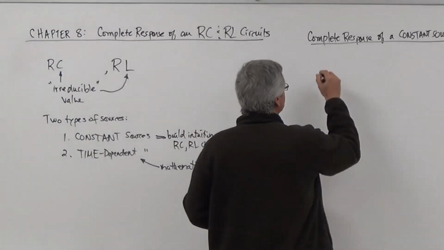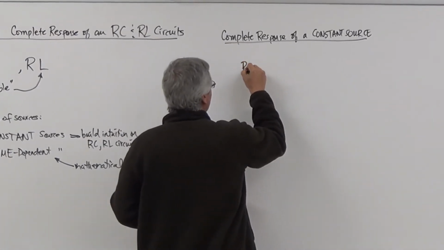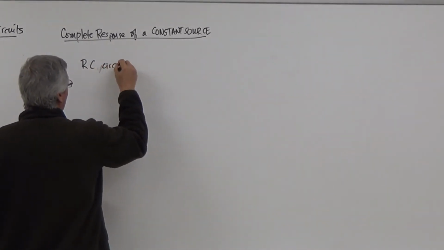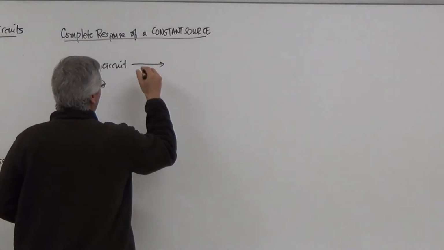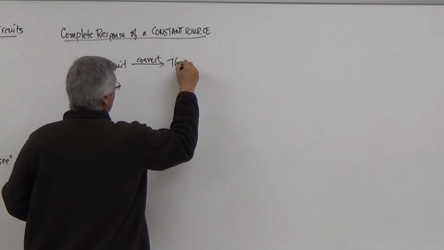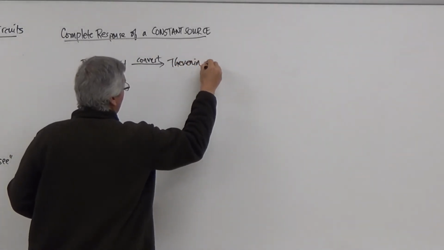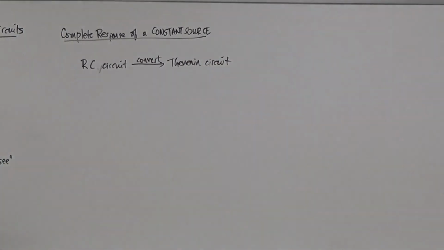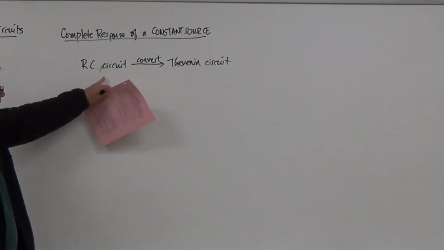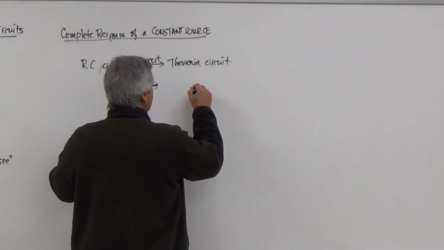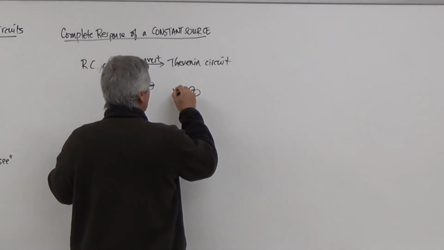If I have an RC circuit, our number one goal is to convert into a Thevenin circuit. No matter how complicated that circuit is, we always want to reduce it just to a plain RC circuit. So what I'm saying here is that I'm going to want a circuit that looks like this.